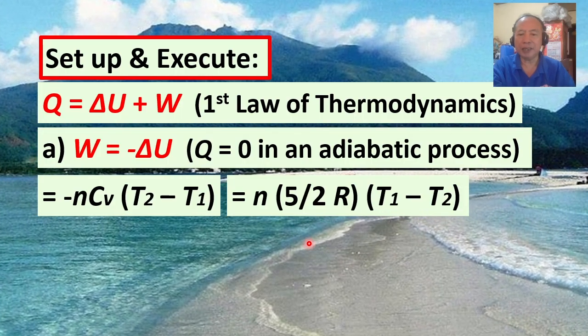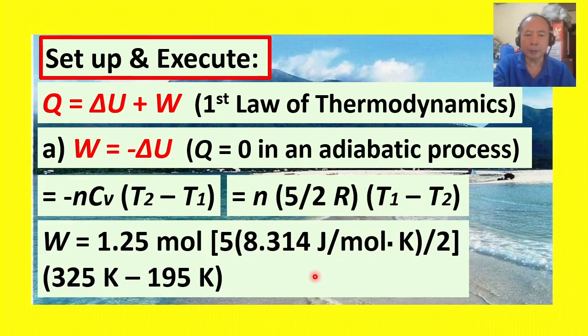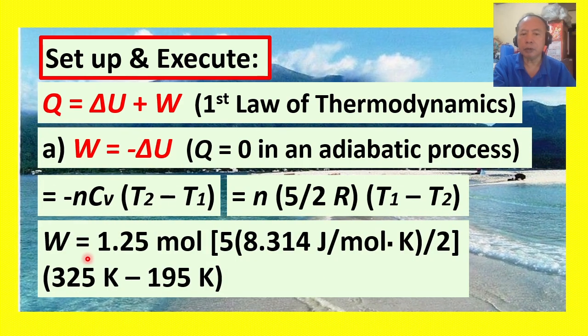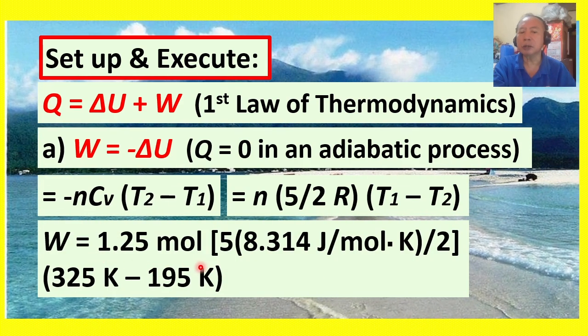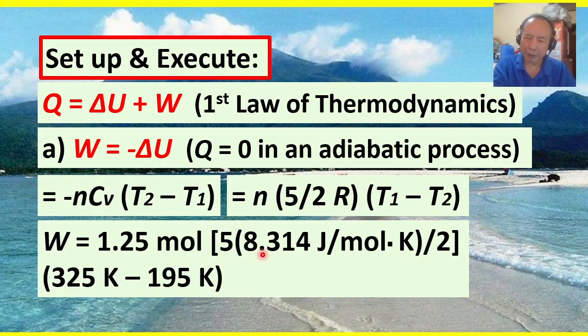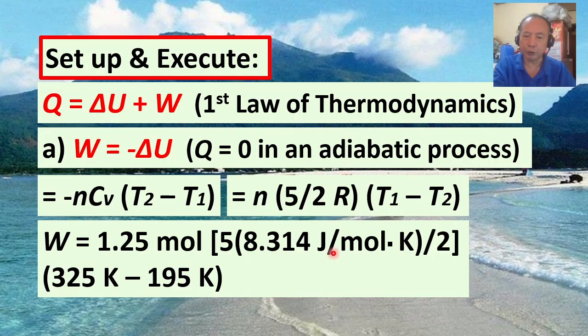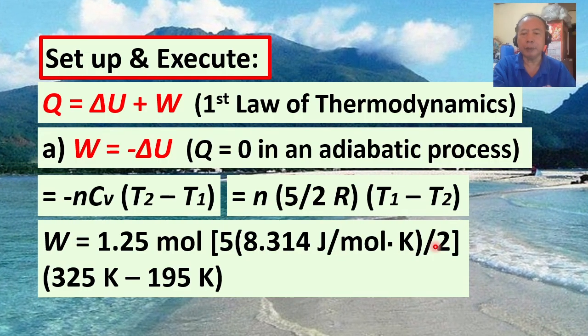So, when we plug in the quantities into this working formula, we get capital W equals 1.25 moles times 5 times the value of the gas constant, 8.314 joules per mole per Kelvin, and then divided by 2.